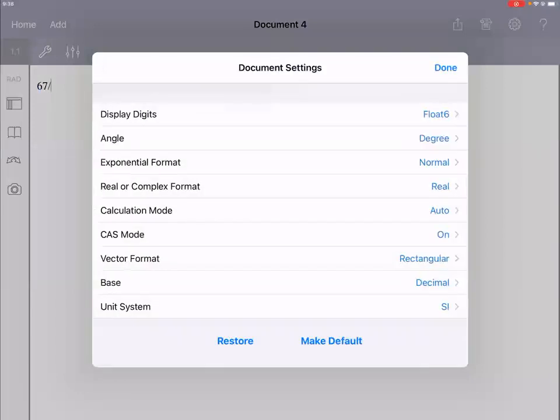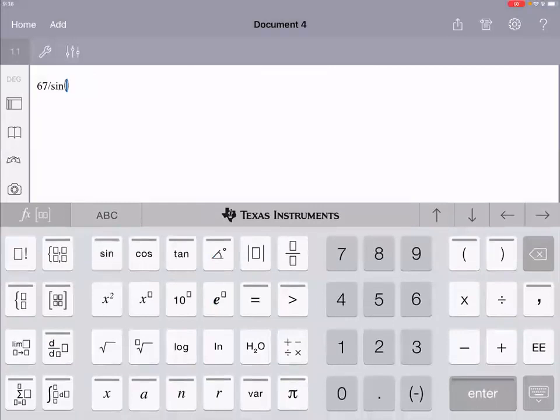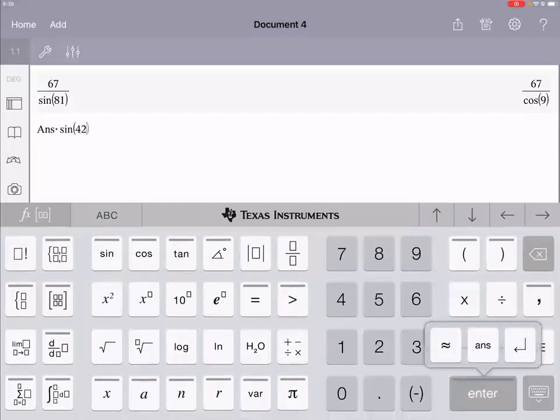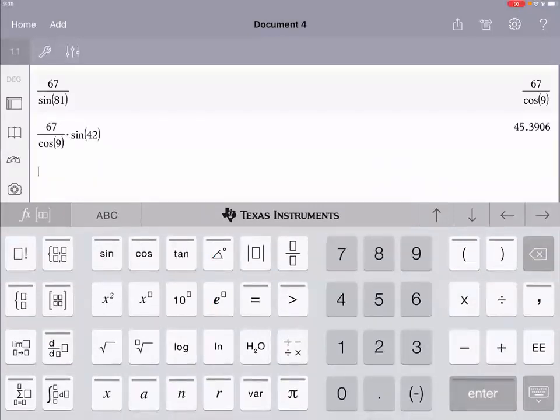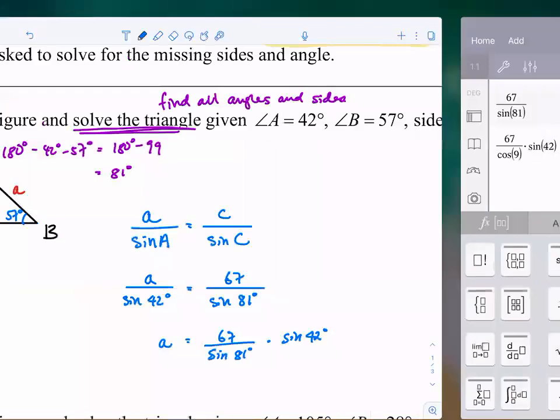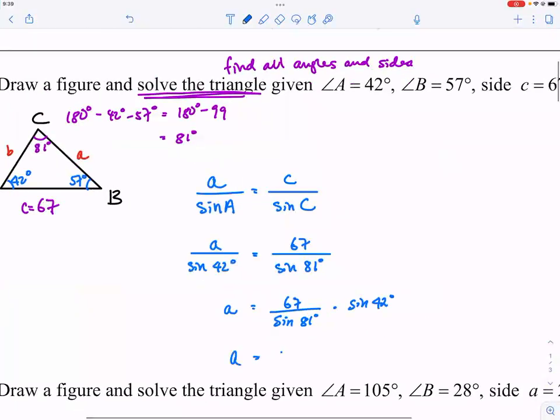Degree, done. Okay, 67 divided by sine of 81 degrees, and then times sine of 42 degrees. You should get 45.39. So your A is 45.39.